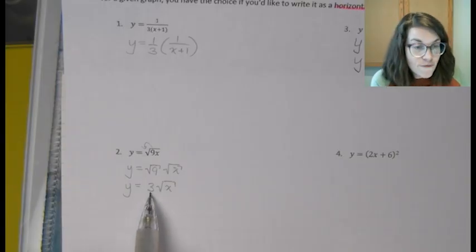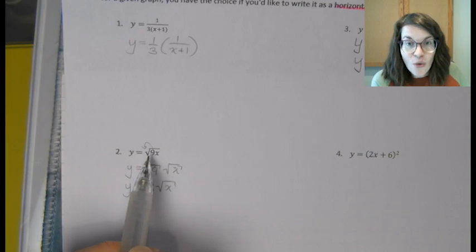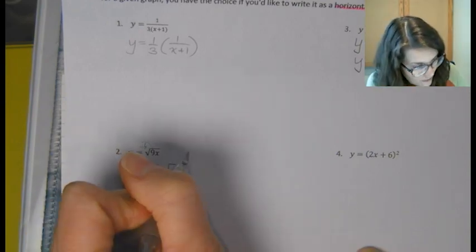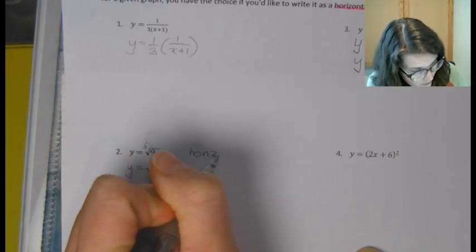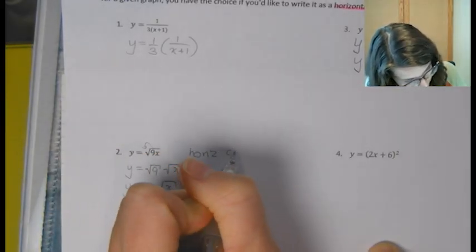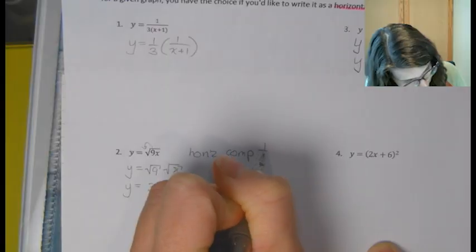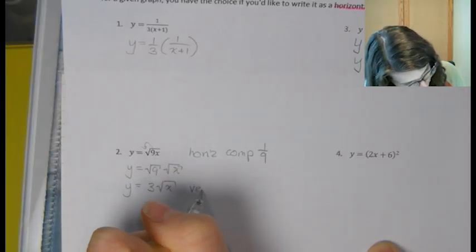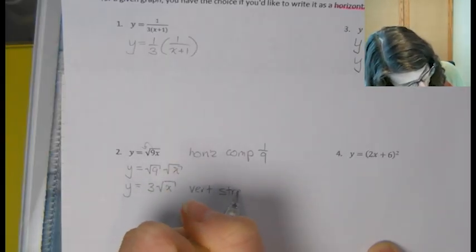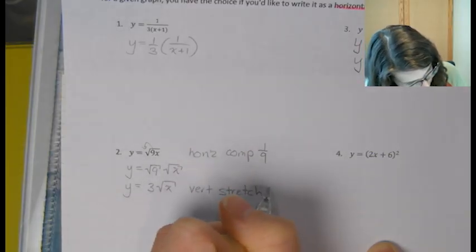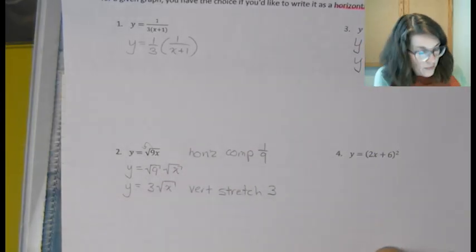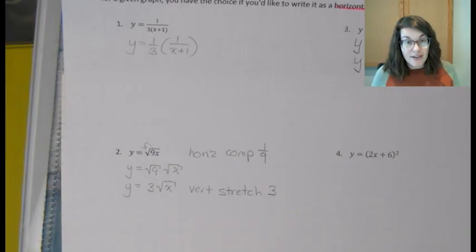So this is a vertical stretch by a factor of 3. This is a horizontal compression by a factor of 1/9. Those will give us the same graph in Desmos.